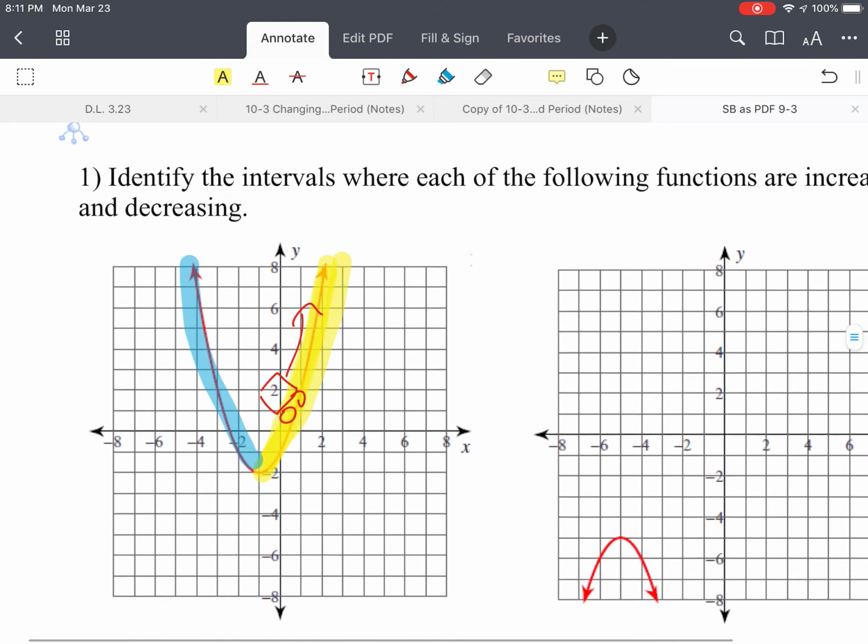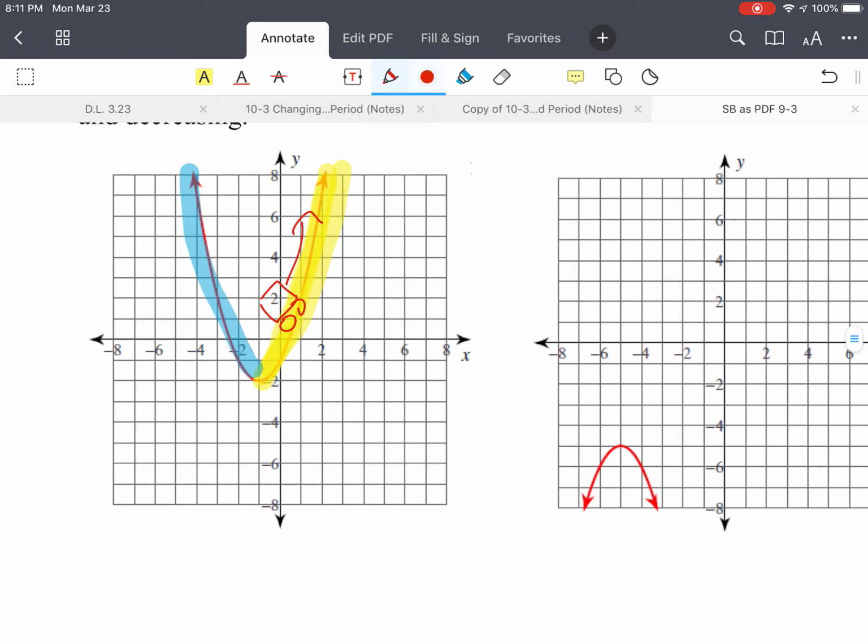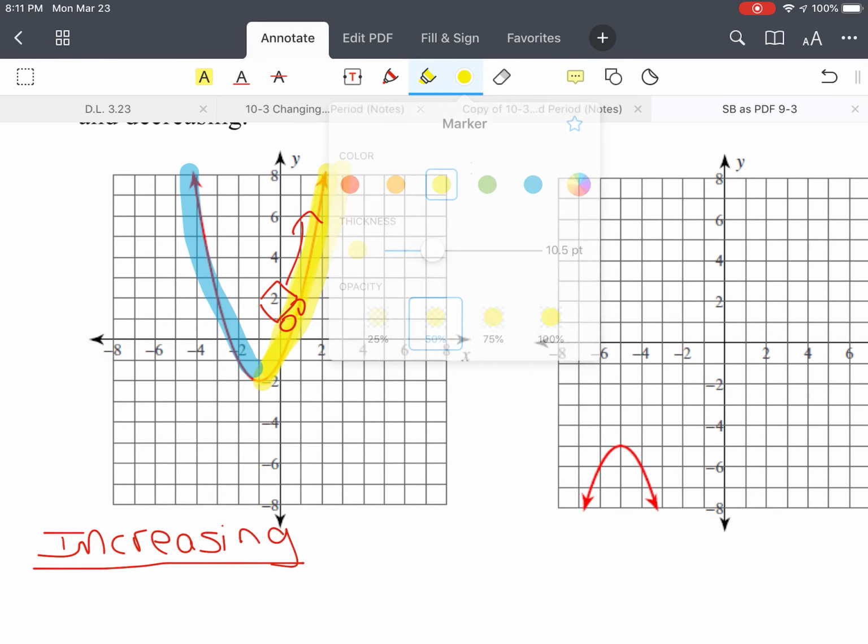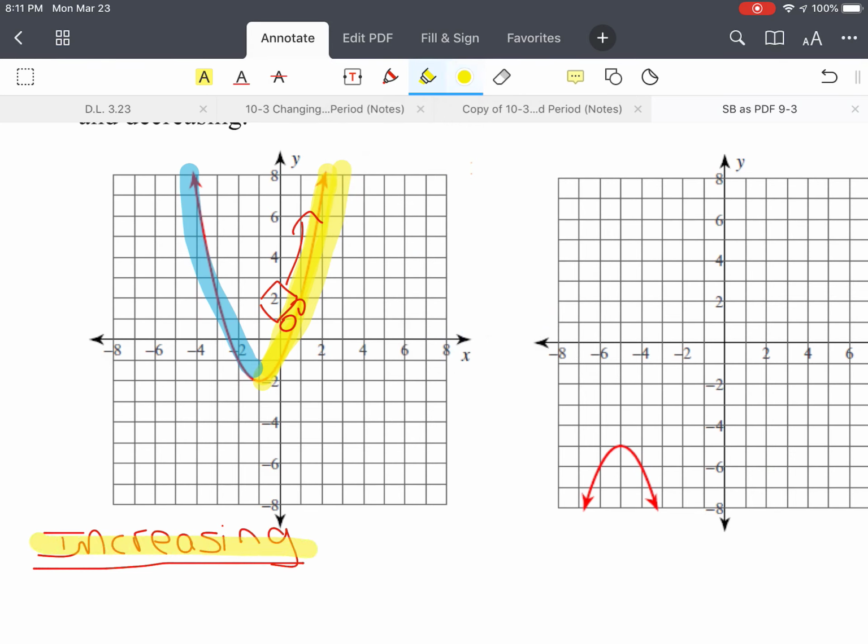So now writing it can be a little tricky, so we'll work on it together. Okay, so we are increasing in the yellow. When we're talking about increasing and decreasing, we give the x values. At what x values am I increasing? Well, if you look, I'm increasing from when x is -1, when x is 0, when x is 1, when x is 2, all the way, and there's an arrow.